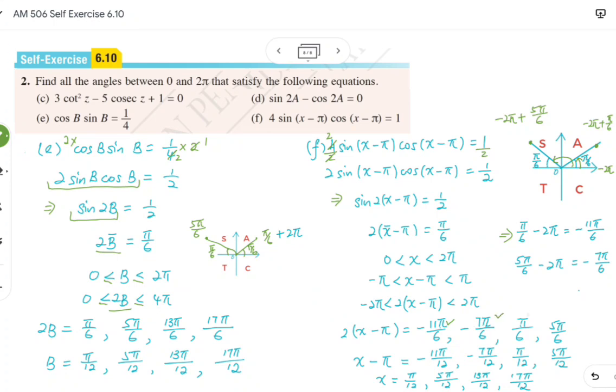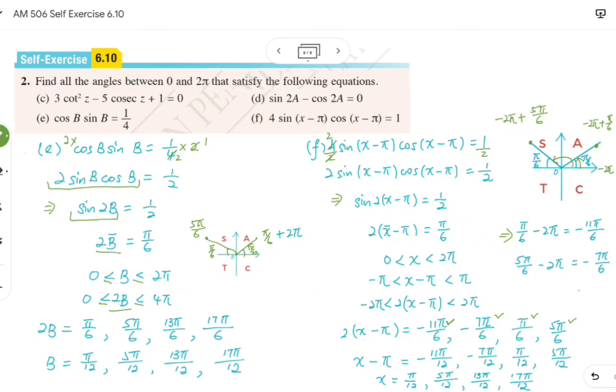And then the coming angle will be the first angle plus 2 pi, which is negative 11 pi over 6 plus 2 pi, and we get pi over 6. And negative 7 pi over 6 plus 2 pi, we get 5 pi over 6. This is the angle for 2(x minus pi).